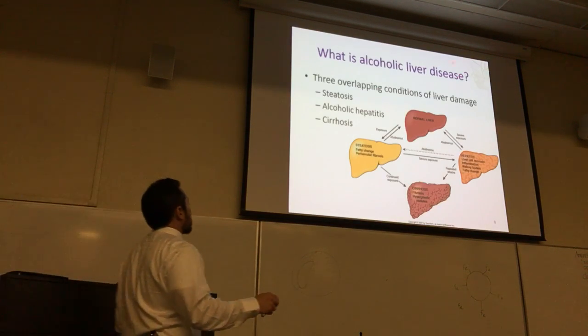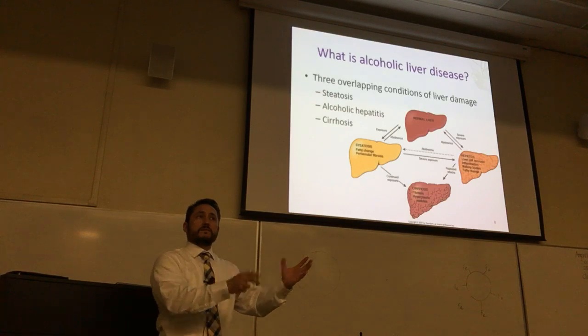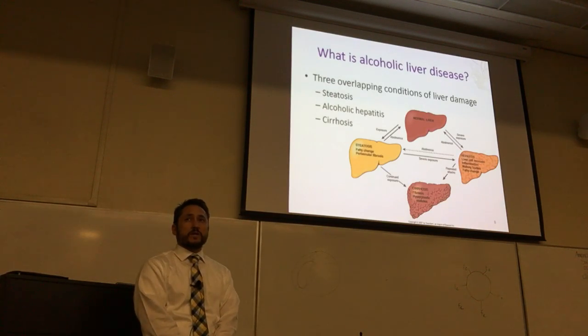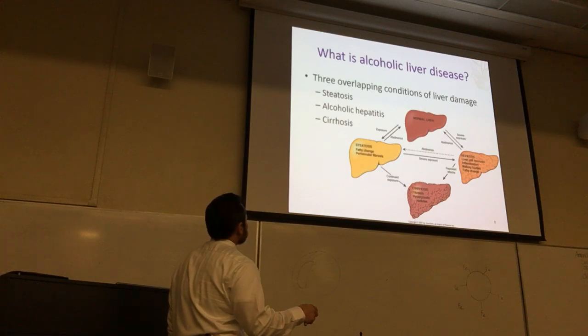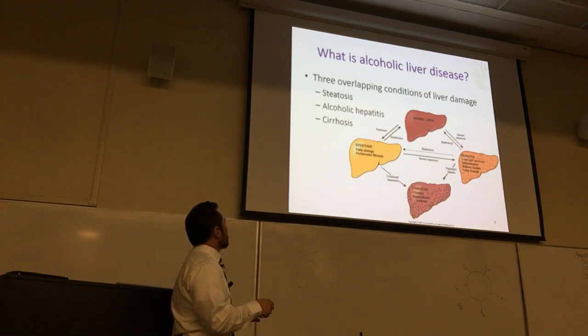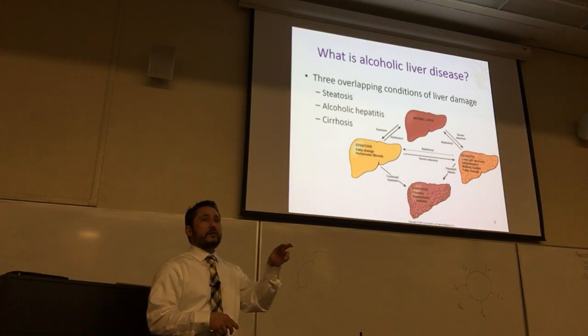So this is a constant flux, okay, that takes place in these patients. What I mean by that is we've got normal liver up here. We have some sort of exposure or damage that's taking place, and in this part of the lecture, it's in the form of alcohol.